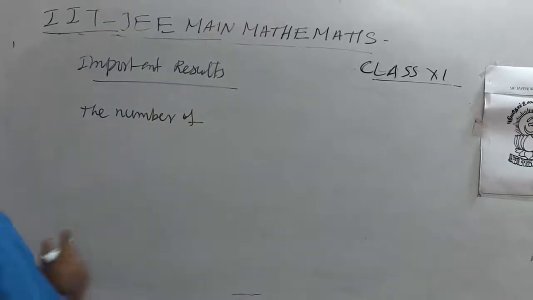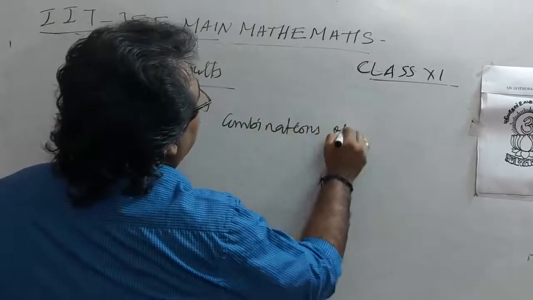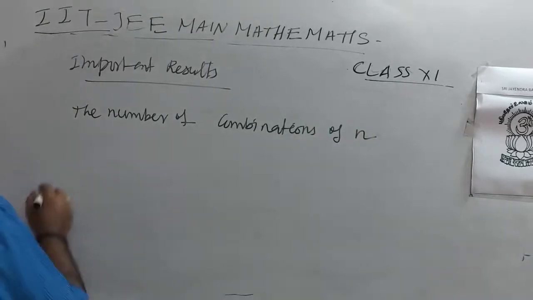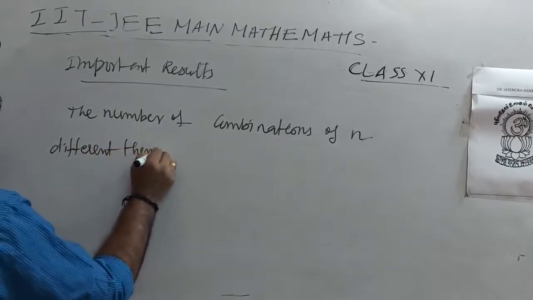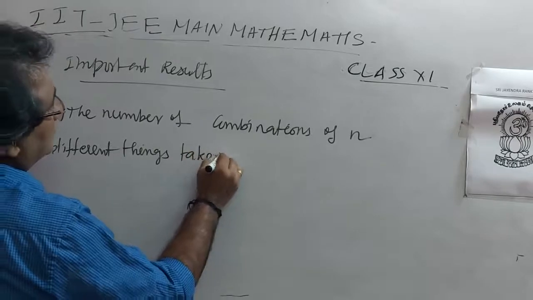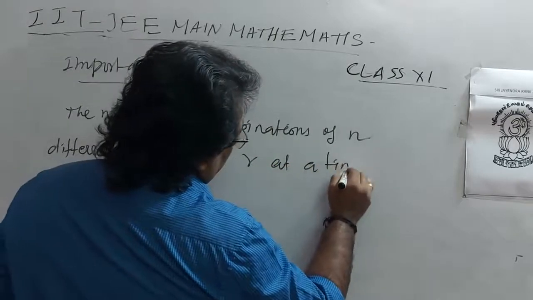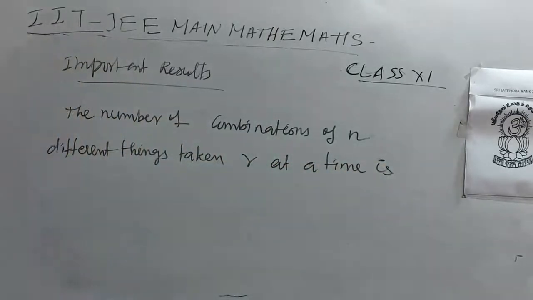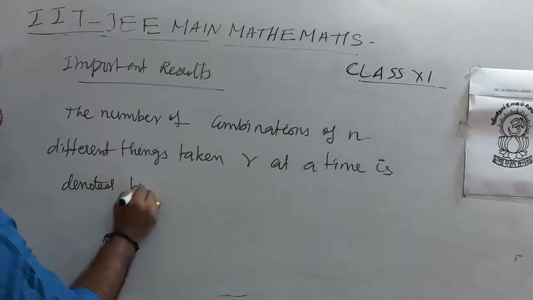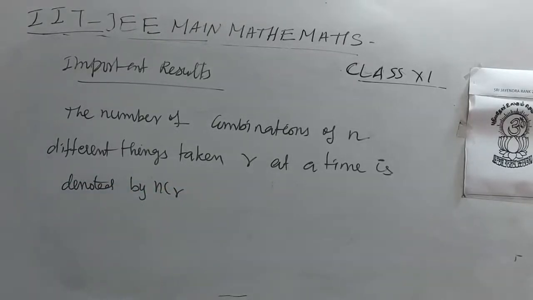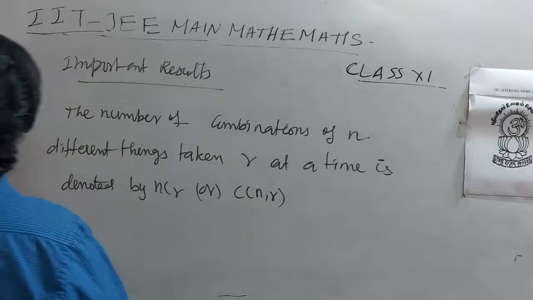The number of combinations of n different things taken r at a time is denoted by nCr or C of n comma r.